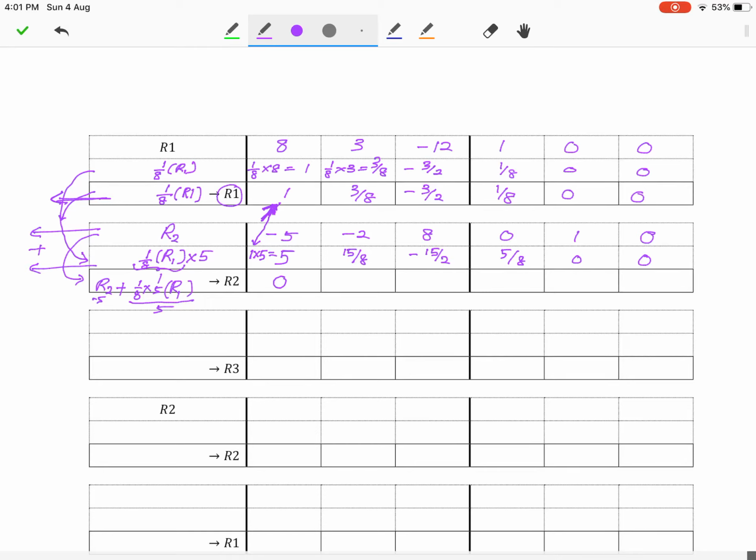If you do that for the second element, negative 2, using your calculator, you can take negative 2 plus 15 over 8, which will give you negative 1 over 8. And you repeat the same process: 8 plus negative 15 over 2 will give you negative 1 over 2, and 5 over 8, 1 and 0.